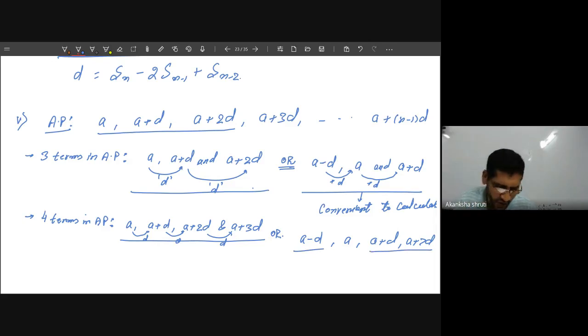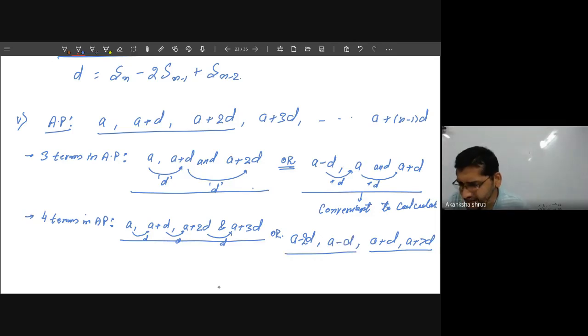So what shall I do? If I am just leaving this A, and choosing in this way, say A minus 2D, A minus D, A plus D, A plus 2D. Can I take it this way, which is symmetrical?